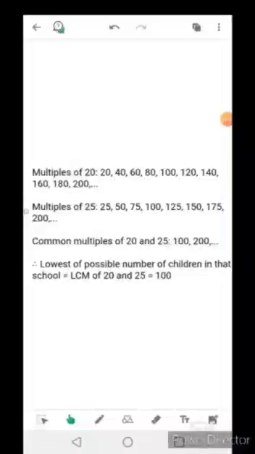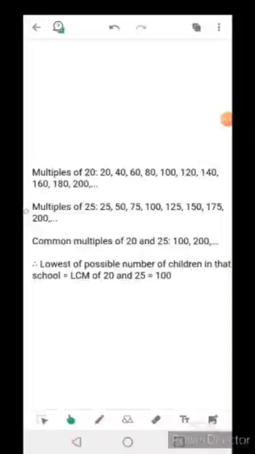So let's write down multiples of 20. The numbers which are completely divisible by 20. So 20, 40, 60, 80, 100, 120, 140, 160, 180, 200 and so on.